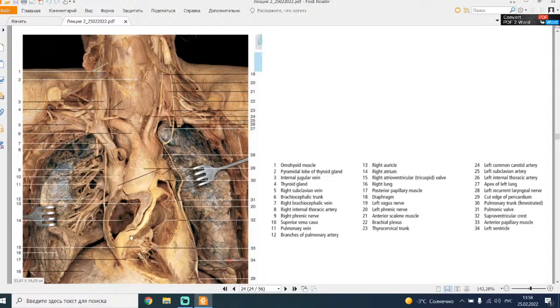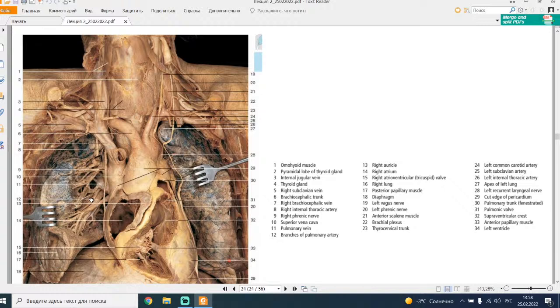What do you see? Heart. This is the aorta. You see the pulmonary veins. This is the pulmonary artery and its branches. This is the pulmonary vein.